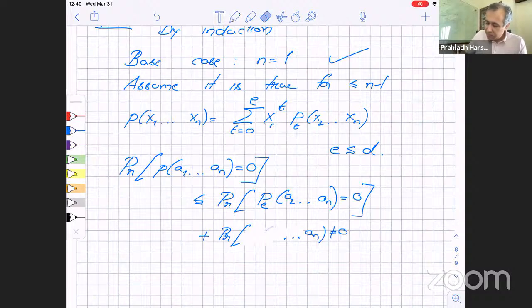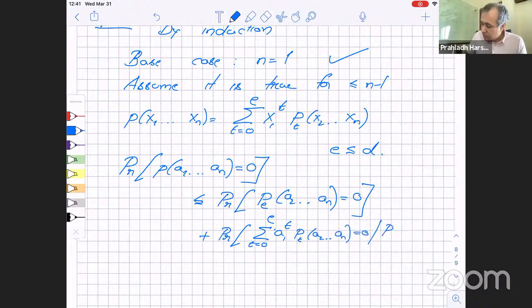Let's write this: the summation t equals 0 to e of A1 to the power t times P_t of A2 to An is 0, conditioned on P_e of A2 to An not being 0.